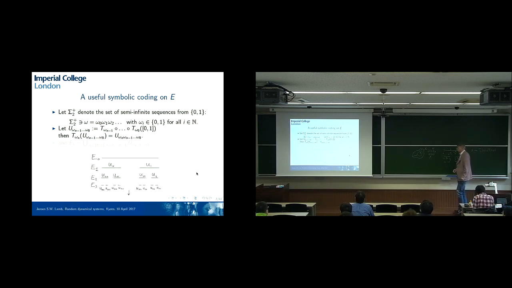Now the next level, so T_00 is the image under T_0, T_0. This guy is called U_00.